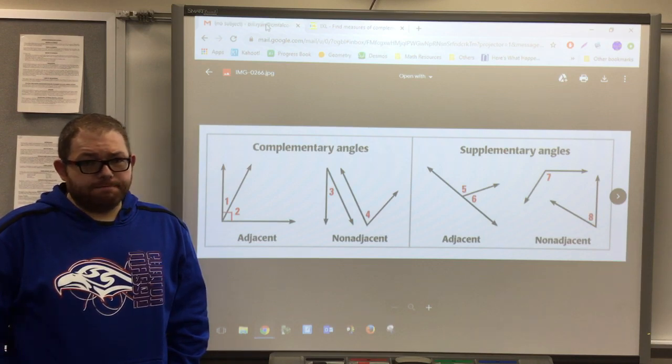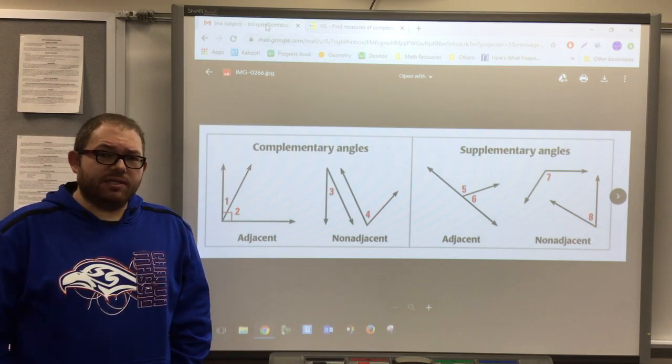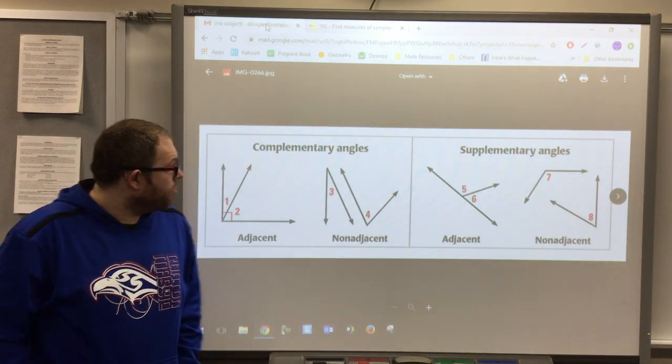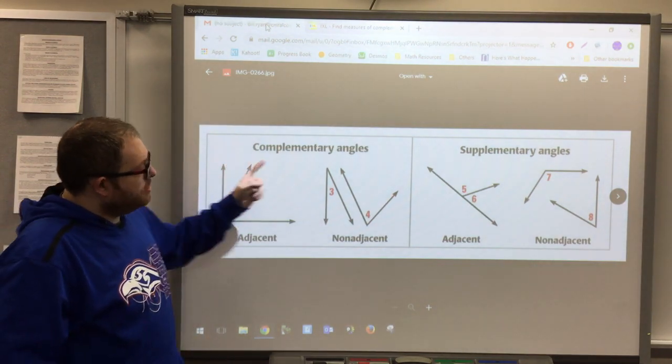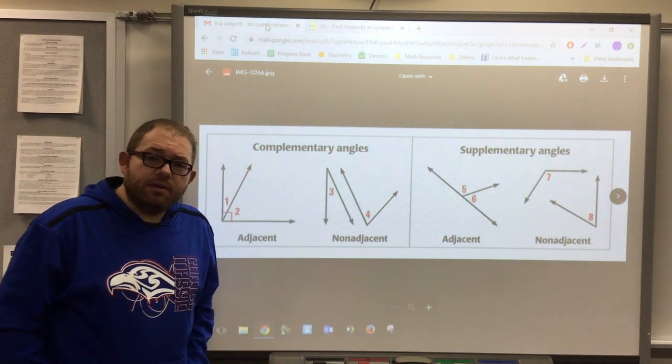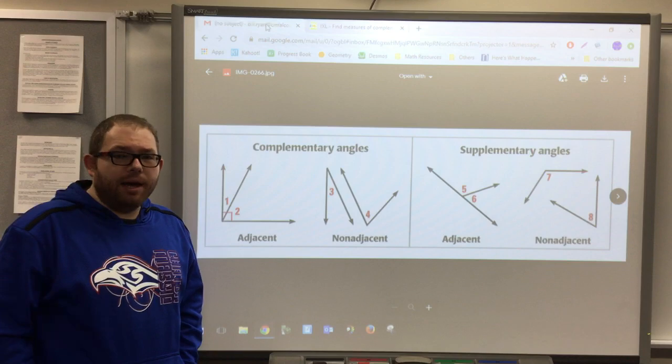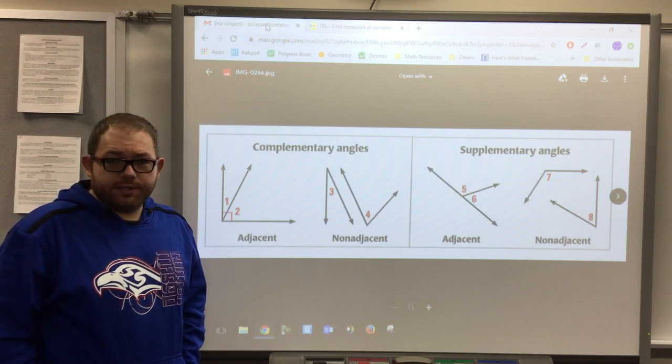Now, the first couple of things, I'm hoping you remember seeing these all the time. And that's complementary and supplementary angles. Complementary angles, you are supposed to remember, add up to 90 degrees.